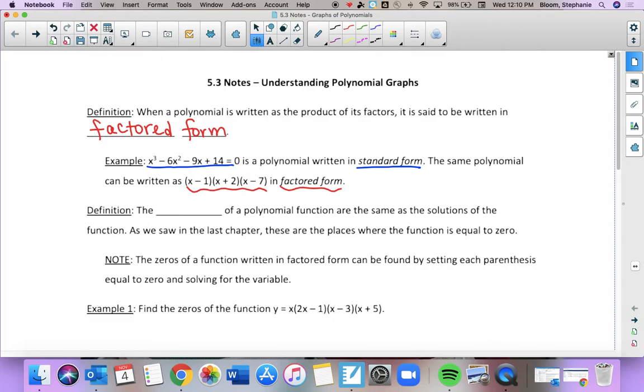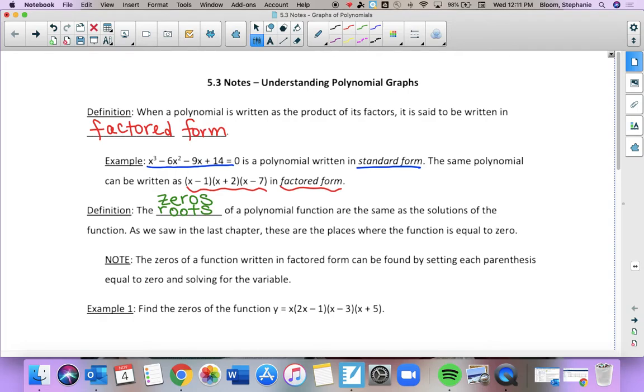The blank of a polynomial function is called, and I'm going to use two words here because you're going to see both. You might be asked to find the zeros. You also might be asked to find the roots. Those are the same. Zeros and roots are the same as the solutions to the function.